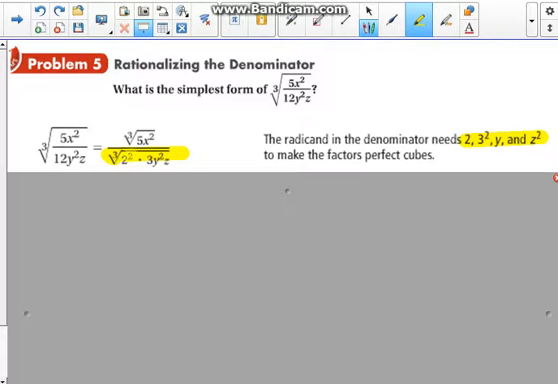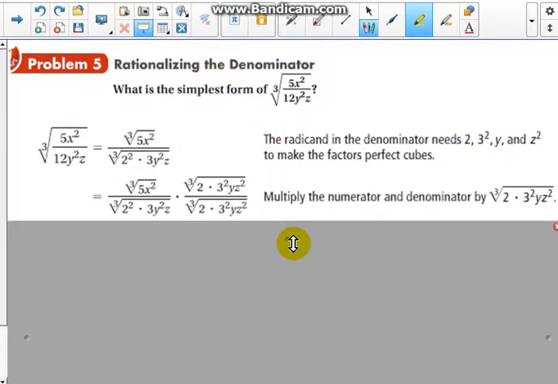Because see, if we multiply the 2 squared by one more 2, we'll have 2 cubed. If we multiply this 3 by 3 squared, we'll have 3 cubed. If we multiply y squared times y, then we have y cubed. And if we multiply the z times z squared, we'll have z cubed. So that's what we're going to use to rationalize our denominator.